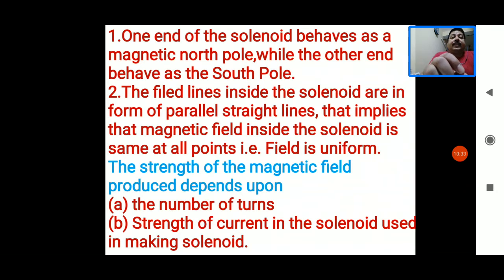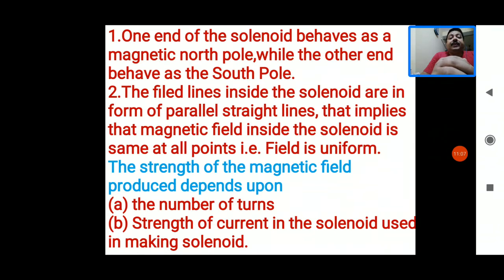That implies the magnetic field inside the solenoid is the same at all points, that is, the field is uniform. But outside, it is always in a closed curve. The magnetic field lines start from the north pole and end at the south pole. When we reverse the direction of current, the pole will also change.